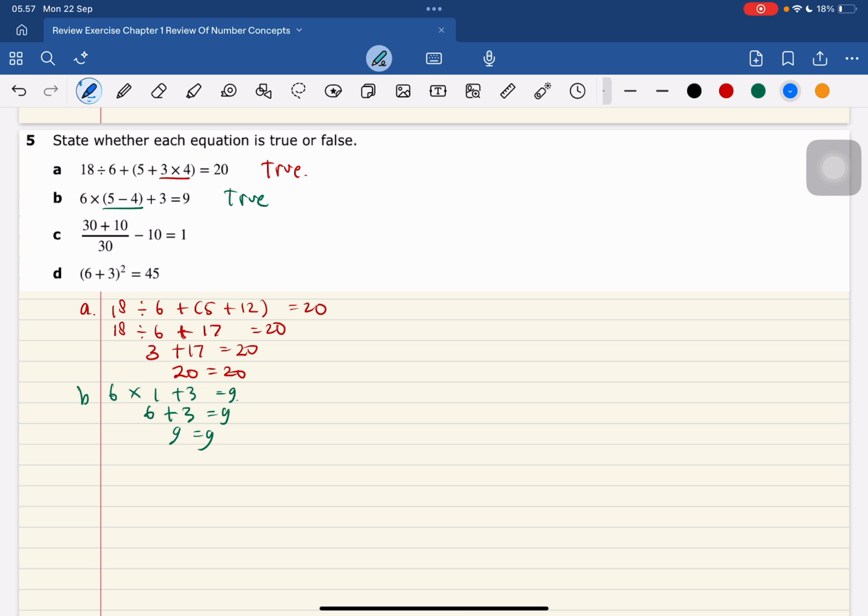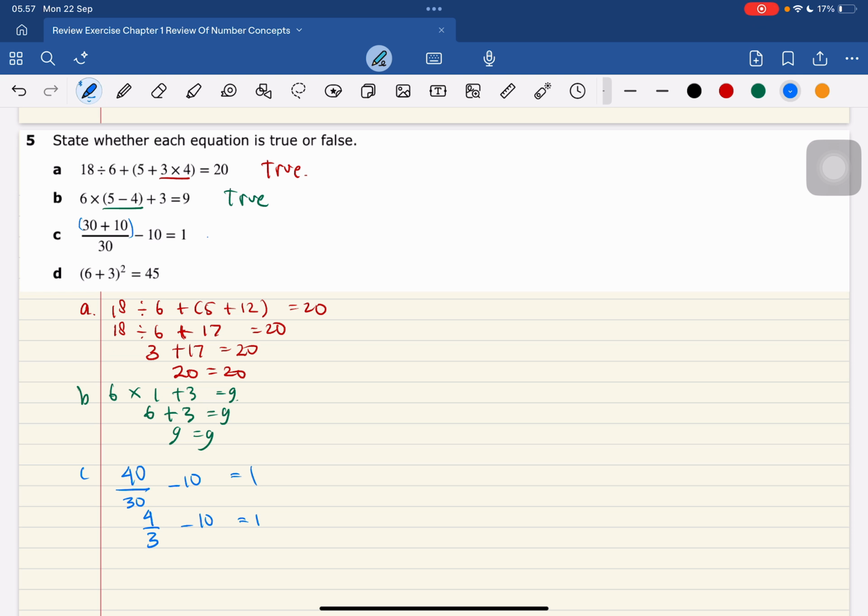Next, for C, remember the invisible bracket. We need to do it first. So 30 plus 10 is going to be 40 divided by 30 minus 10 equals 1. So let's finish it. This is going to be 4 over 3 minus 10 equals 1. Okay, this won't be 1.